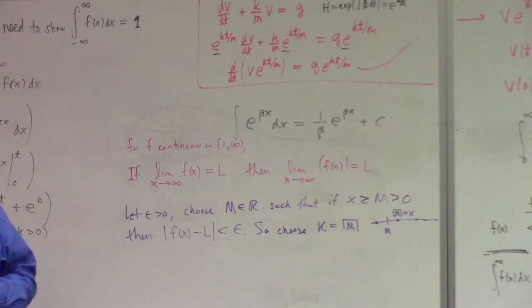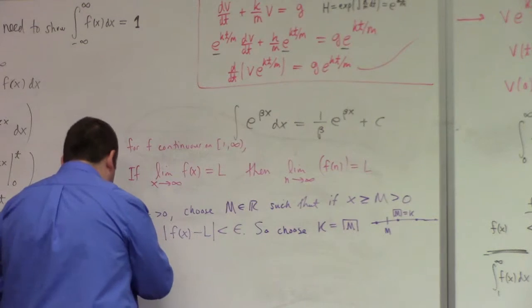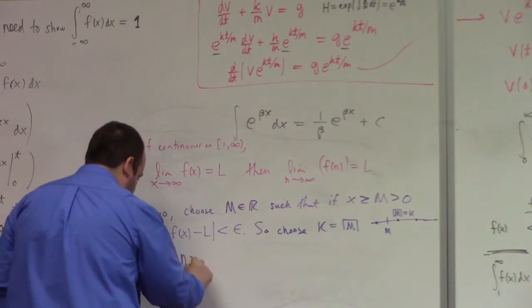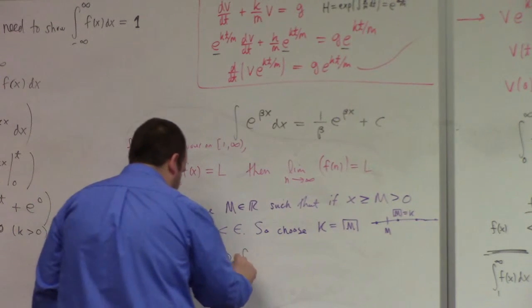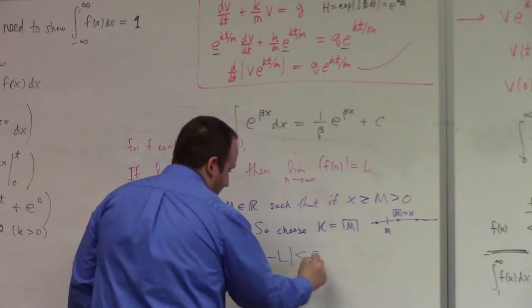So if I use that as my k, if n is greater than or equal to k, that implies that the absolute value of f of n minus L is less than epsilon.